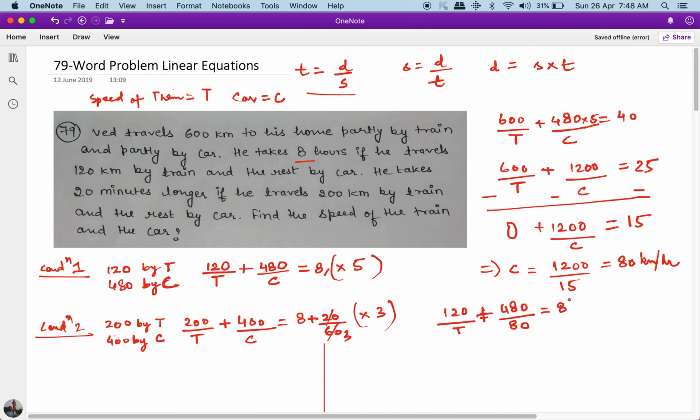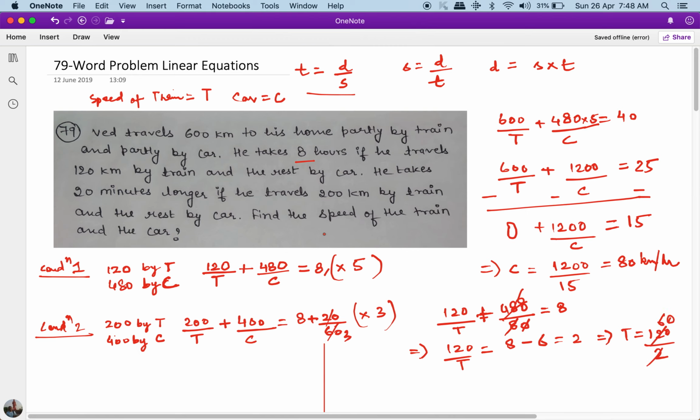What this becomes is 120 by t is equal to 8 minus 480 by 80, which is 6. So 8 minus 6 is equal to 2, and this tells me that t is equal to 120 by 2, that is 60.